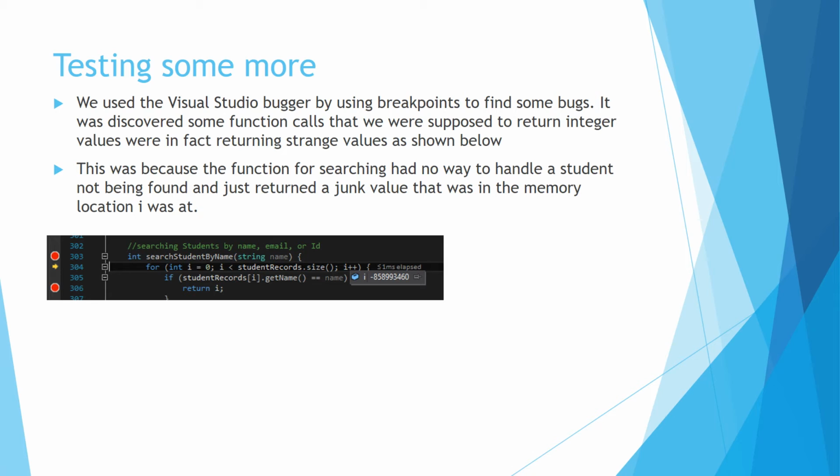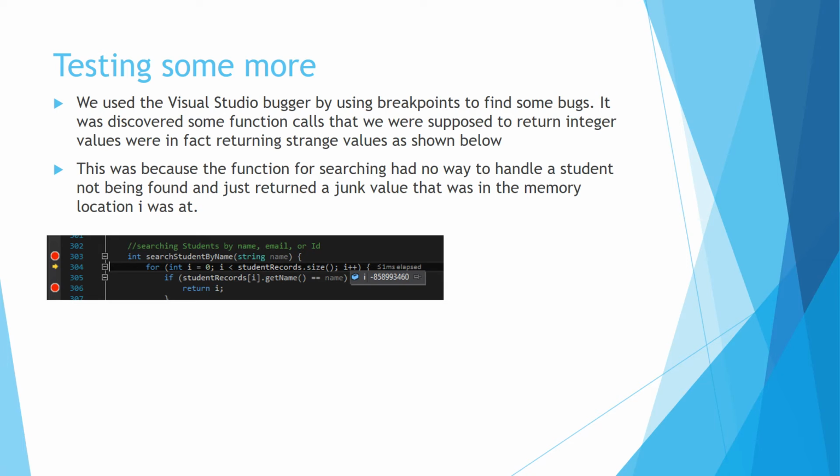And this is how we were able to figure out that these functions were returning these really strange values. As we can see here, i, at this point in the execution, was like -8 billion something, and that's obviously completely not right.